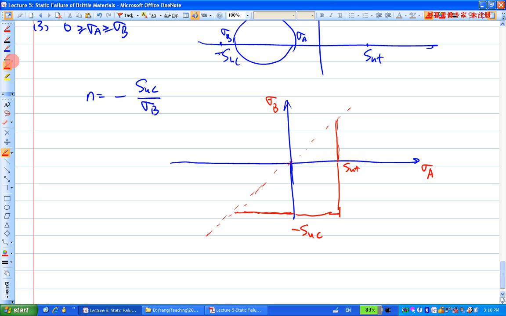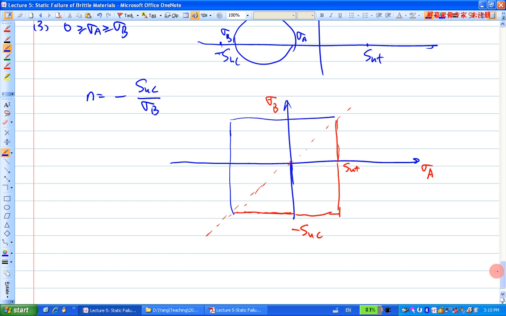So if we finish this locus, we get basically a rectangle. My drawing is not that accurate, but it's not a square. It's basically a rectangle. Is that good? That's the simplest theory. It's always compared with the maximum normal stress. Any questions? All good?